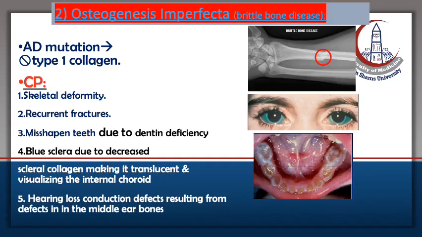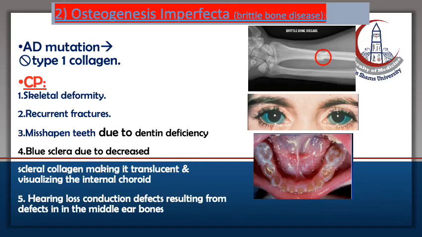Clinical picture implies the following. There are a lot of skeletal deformities. Why? Because those patients have recurrent fractures as their bones are so brittle and weak.